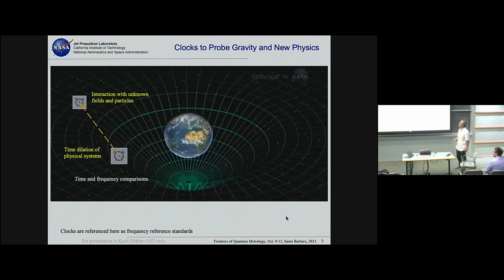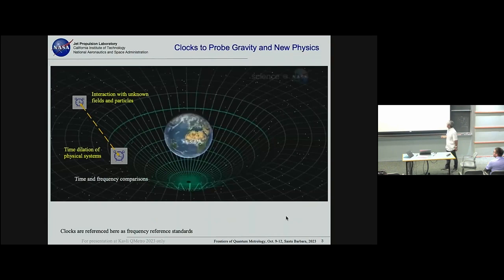So the clock missions are usually designed to have large differential gravity potentials and try to look at the difference between the clocks in terms of dilation measurement. Of course, as you also heard, you could look for unknown interactions in the form of a change of fundamental constants, and therefore the clock rate.